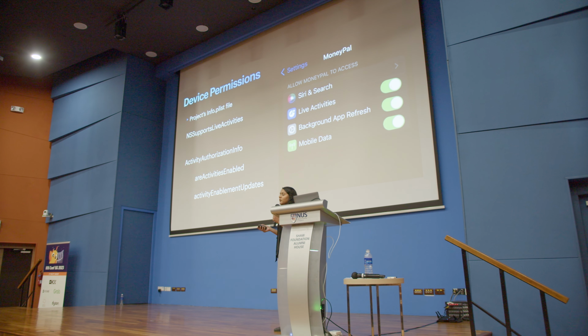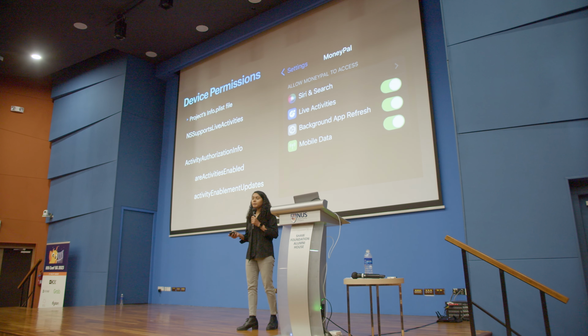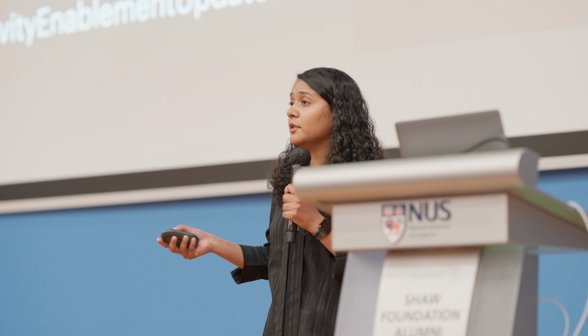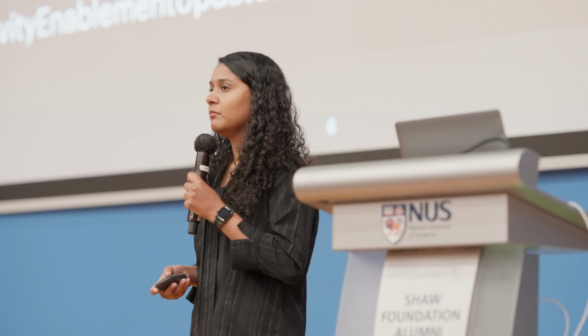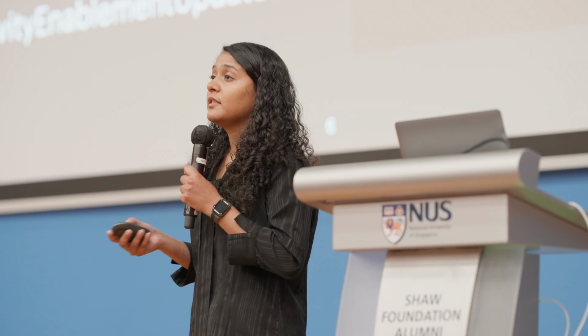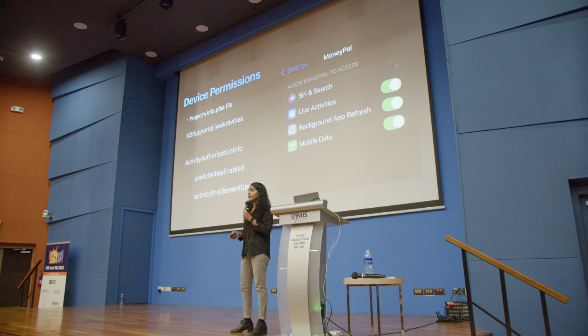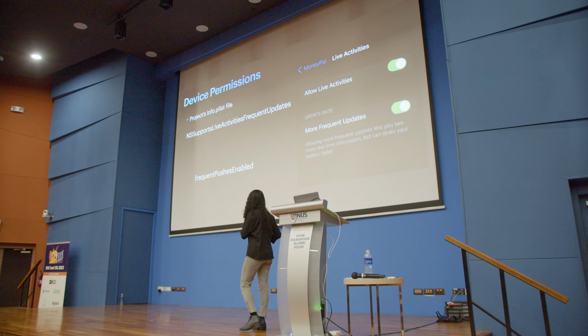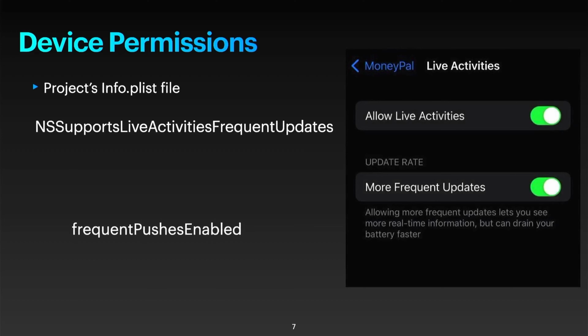There might also be a requirement to update the live activity quite frequently. For example, consider a sports application that needs to update live sports score using live activity. They would need to update the live activity quite frequently, even many times in a minute. To support such scenarios, we have an additional key, which is NSSupportsLiveActivitiesFrequentUpdates. We can synchronously check if frequent updates are enabled for our application using frequentPushesEnabled.